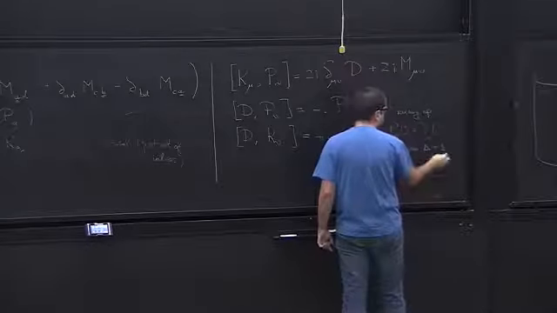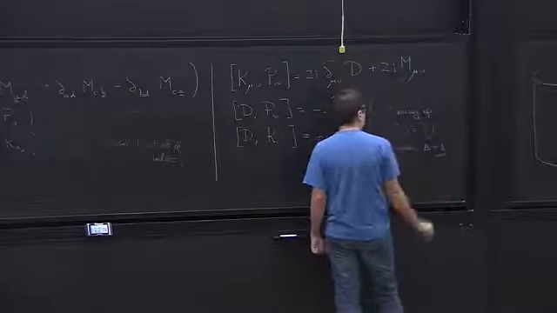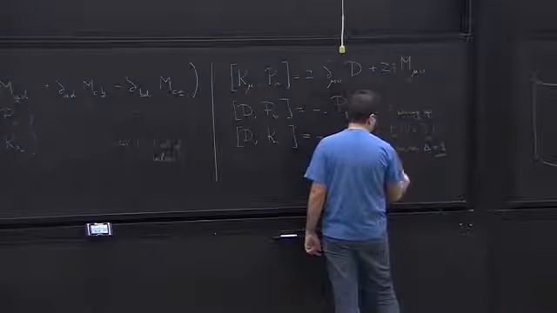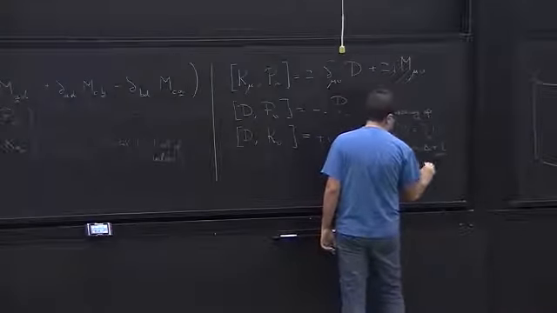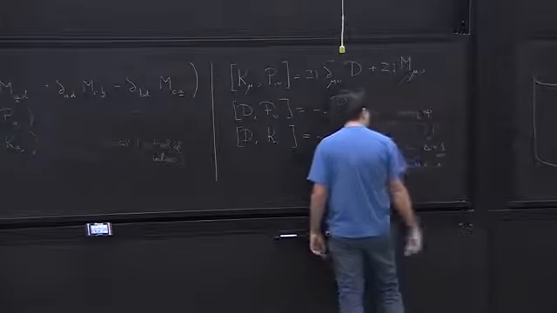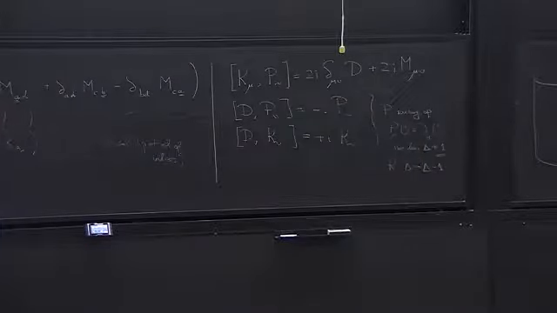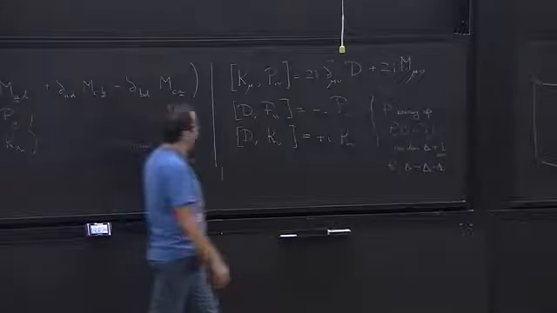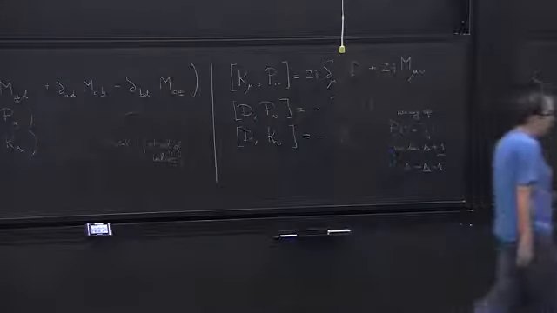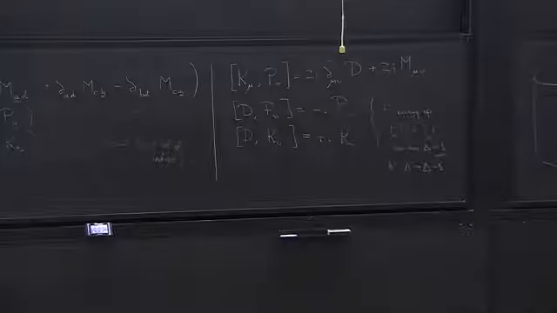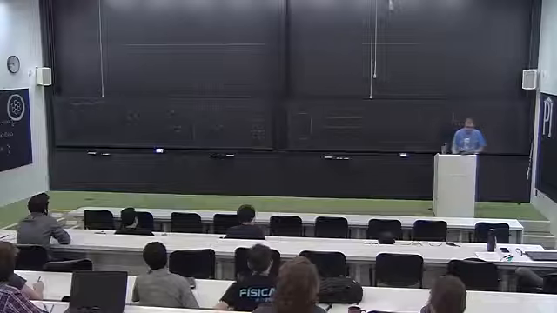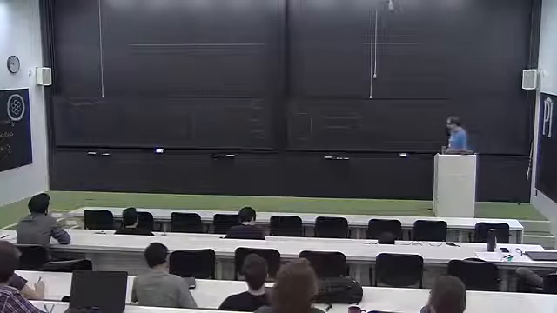It increases the dimension by 1, whereas K decreases the dimension by 1. So K would be a lowering operator. And finally, they commute to the dilatation operator, which we are going to discuss in a second.